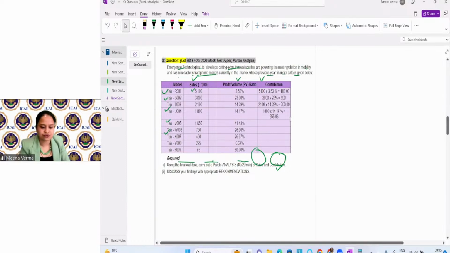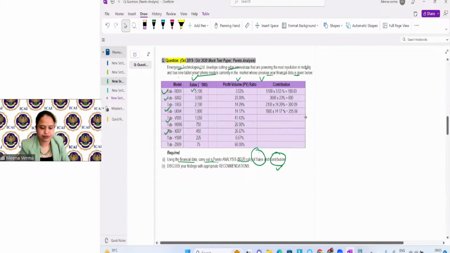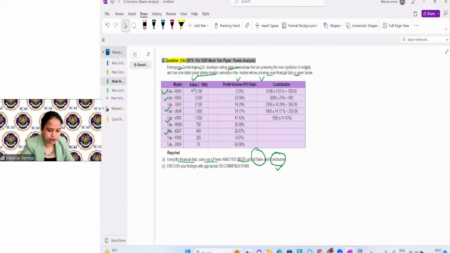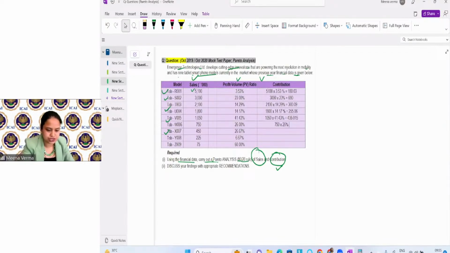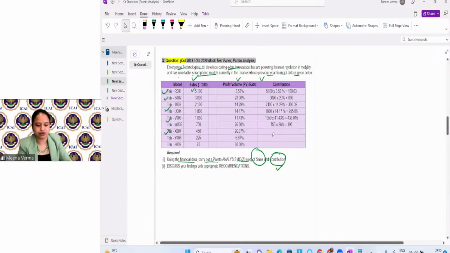So in this way, first find the contribution. Next is your 1,050 into 41.43 percentage, you will get the contribution. Then 750 into 26 percentage, you will get the contribution.